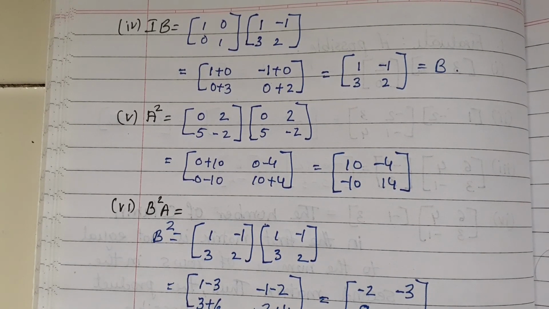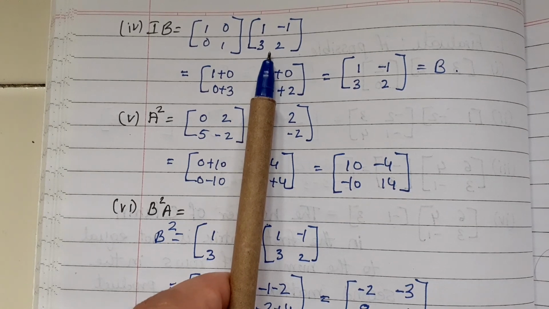Fourth part, IB, identity matrix, B matrix.